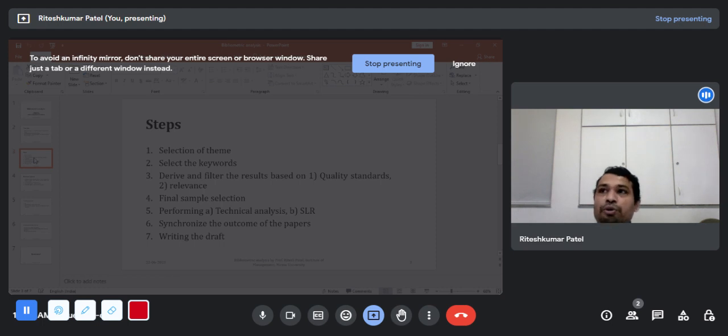Okay, then we have to explore the keywords. Keywords means what? The words around which the topic is moving. Okay, so keywords tell you what kind of words you are going to select. Normally, keywords are the ones that we always put in papers. They show you the areas, domains or subdomains which represent the main theme.